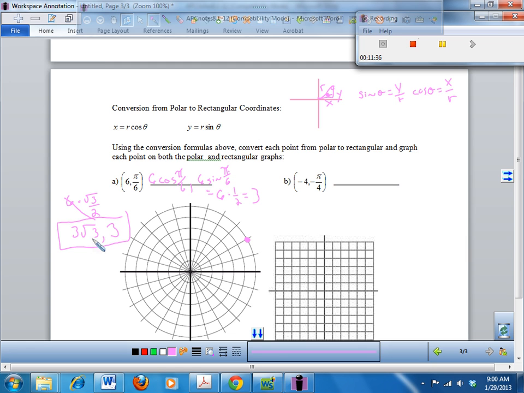About 5.2 or something like that? So I'd go over 5.2, 1, 2, 3, 4, 5, and a little bit, and then up 1, 2, 3. And you can see that it should be the same point, whether I'm graphing on a polar graph or in a rectangular graph. You follow?